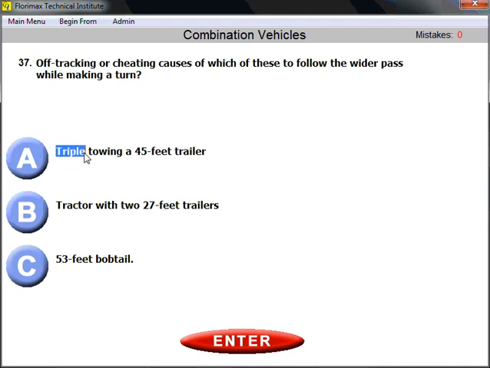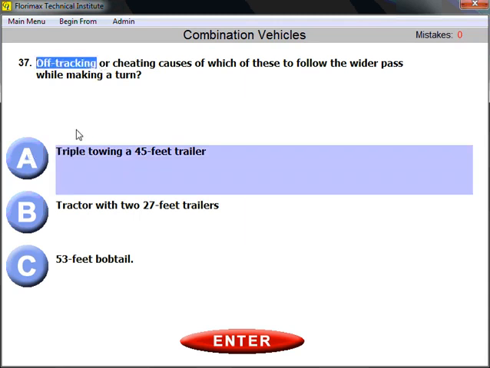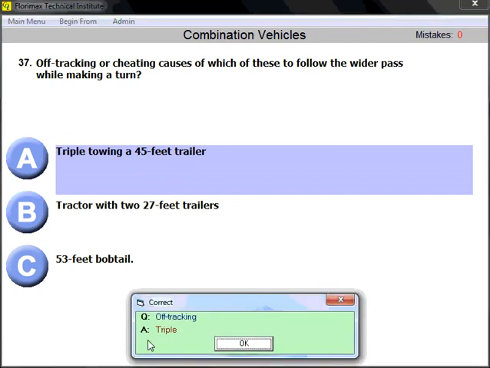And when you read triple, that's the indication of the correct answer. You don't even calculate 27, 2 trailers. You read triple. The more trailers you have, the more wide you have to go around the corner. So when you see off-tracking, triple. The actual length of the trailer is not applied here. What is applied is triple.